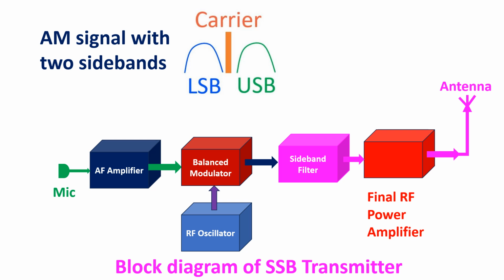Both sidebands have same audio information for demodulation, and hence one sideband can be removed using a sideband filter, which reduces the signal level sent to the final power amplifier and makes the transmitter more efficient.